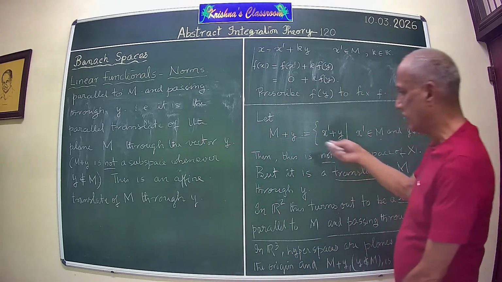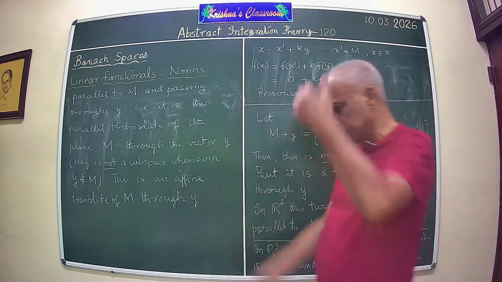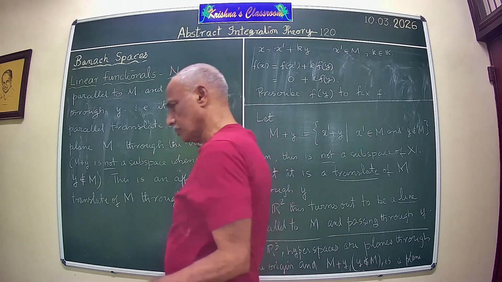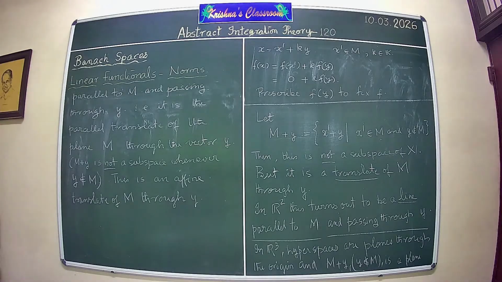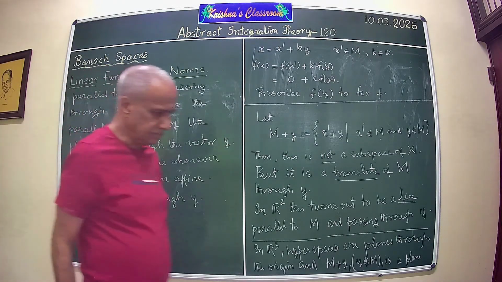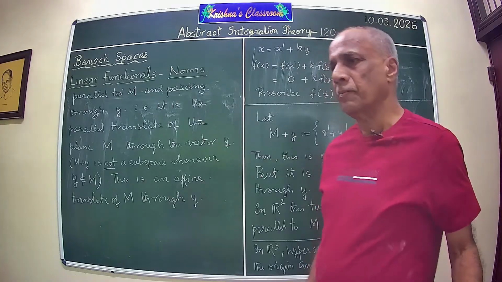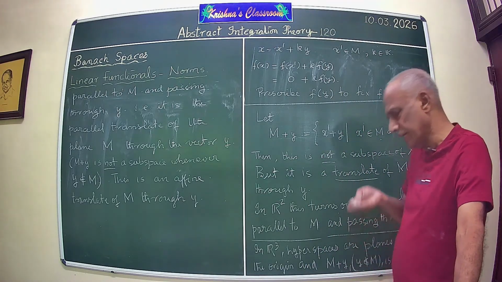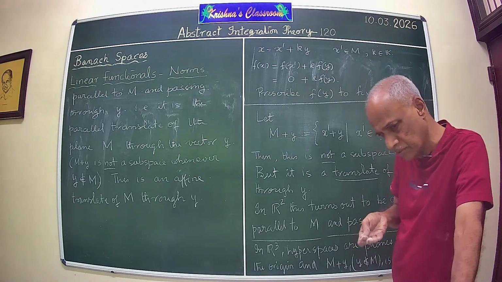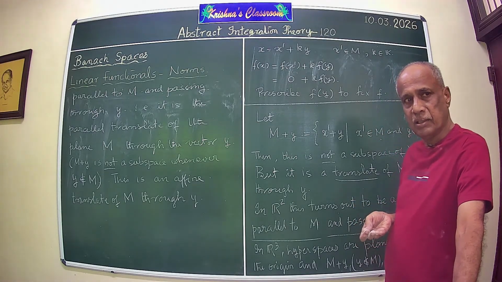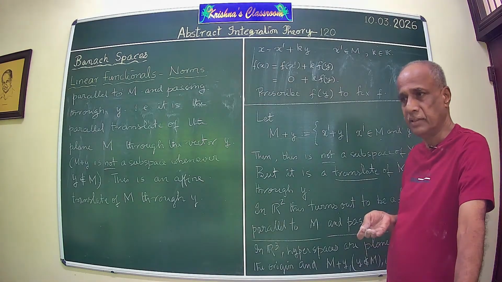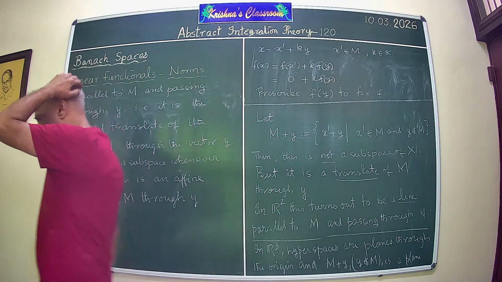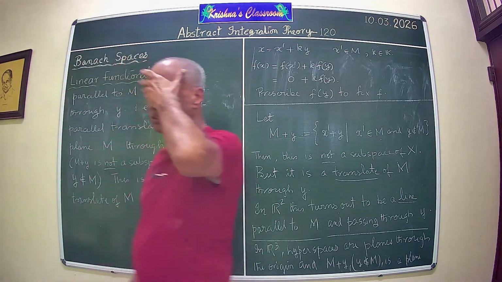So here in R2 it is a line that is getting translated through the vector, whereas here it is a plane that is getting translated. So in general the structure is, suppose you are taking Rn, then a maximal proper subspace will be an n minus 1 dimensional subspace. So you take an n minus 1 dimensional subspace M of Rn, take a vector y which is not in M, and then look at M plus y.